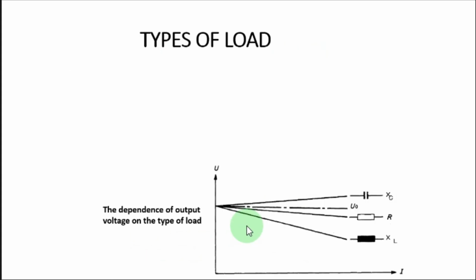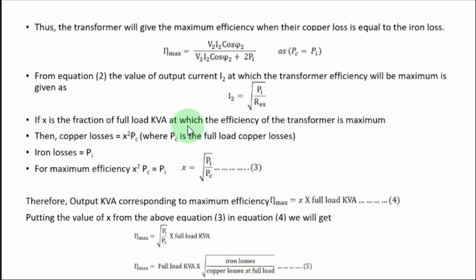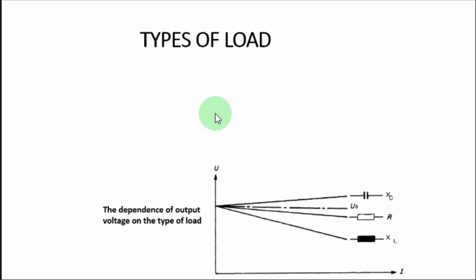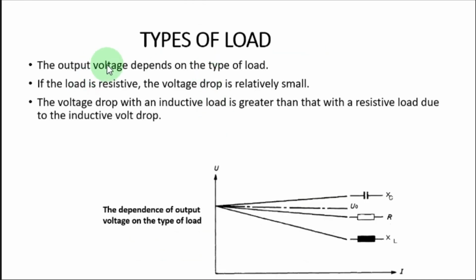So if it is totally resistive, then the output voltage drop is small, but the voltage drop with an inductive load is greater than that with the resistive load. See, this is for resistive load, this is for inductive load.